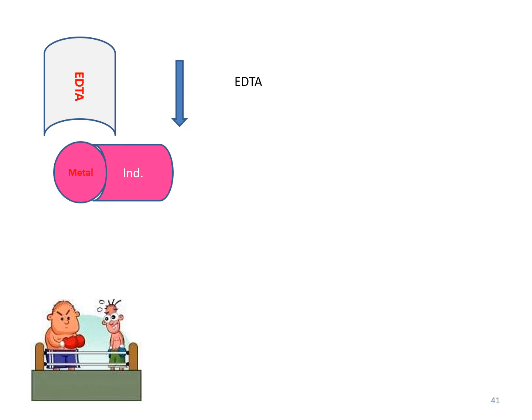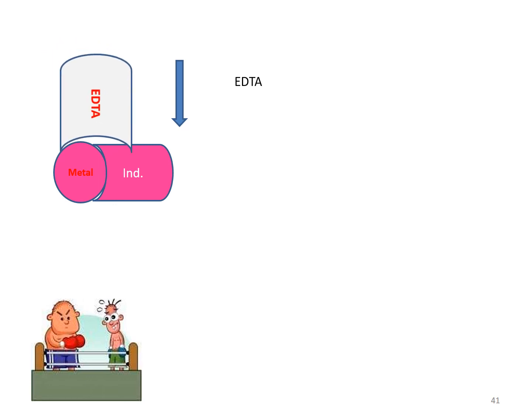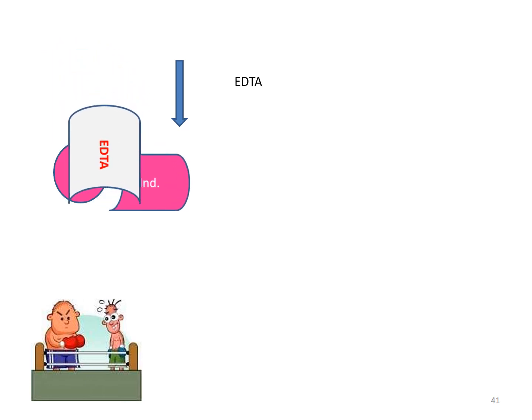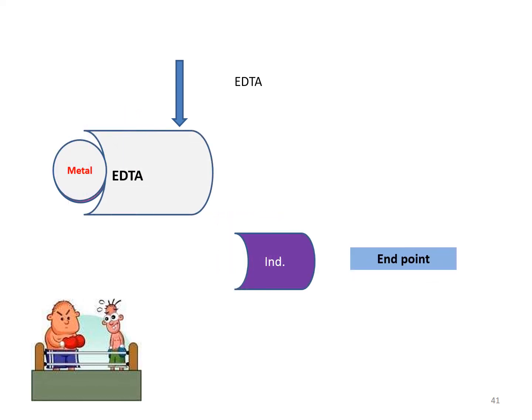The EDTA will consume the indicator until it replaces the indicator and the indicator is gone out of the complex, and the EDTA complex with the metal is now formed and the indicator is free in the solution.